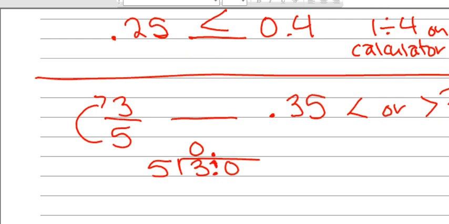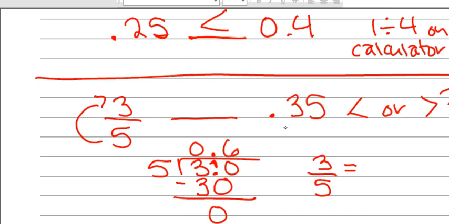Does 5 go into 30? Yeah. 5 times 6 is 30. Subtract. Nothing. So 3/5 is 0.6.